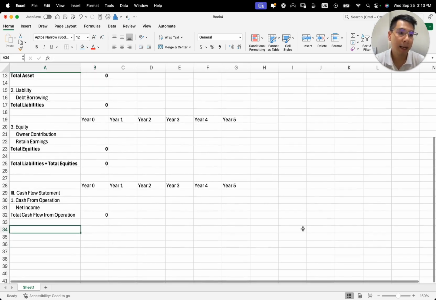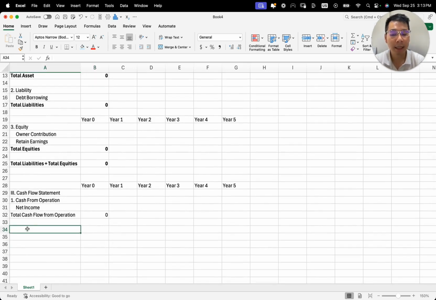And then the second section is the cash from investing. Investing here means that you're spending for the future growth of the business.